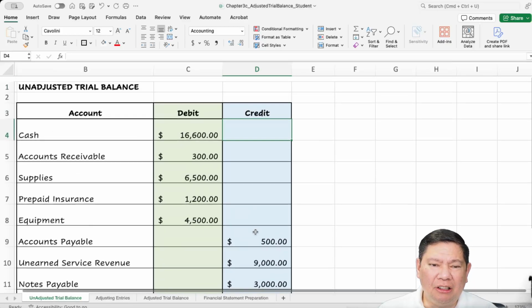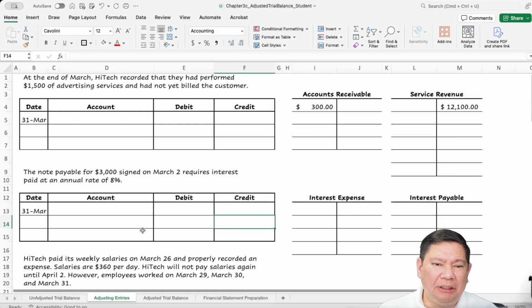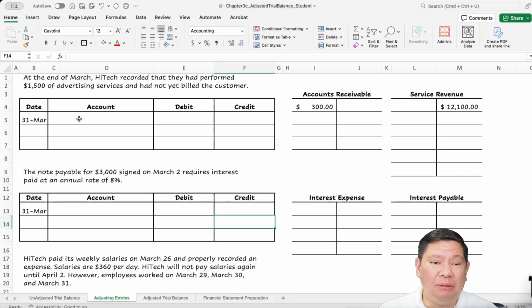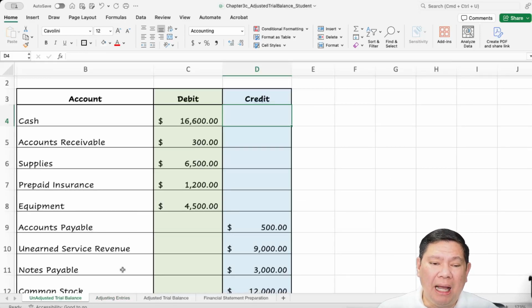on the credit column. Okay, so now we get to the end of March, which is the end of the period, and we are going to prepare our adjusting entries. Okay, you see we have T accounts here. Those are accounts that will be used in the adjustments, and if they have balances like this, they are from the trial balance.